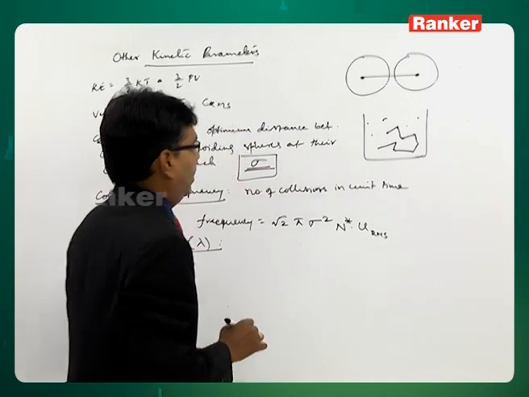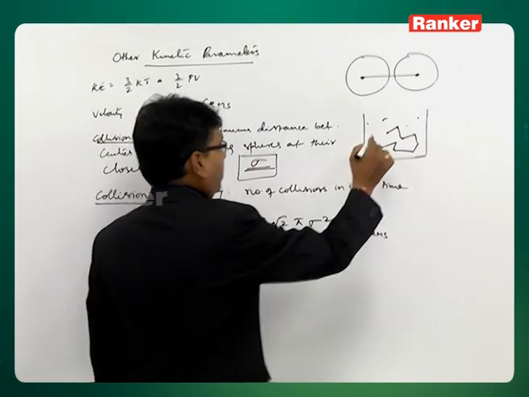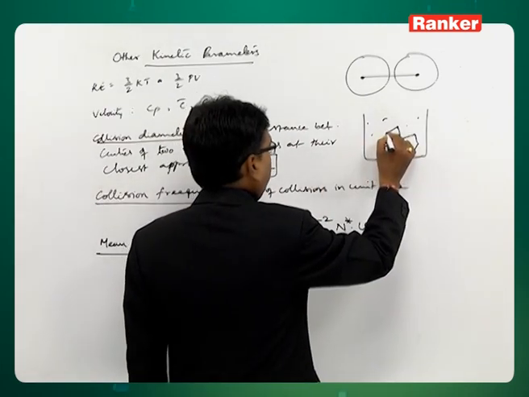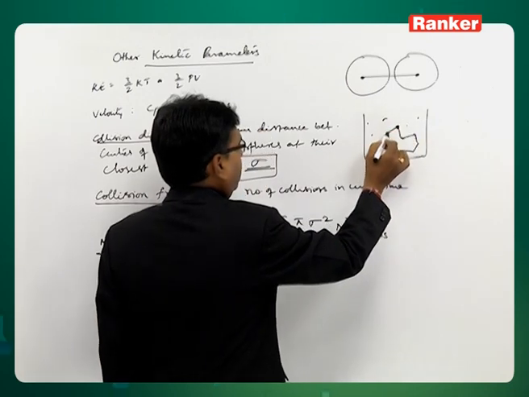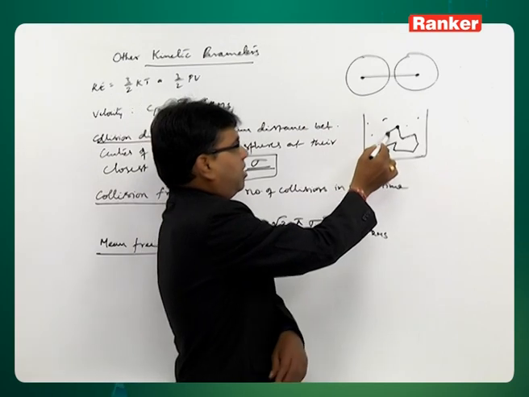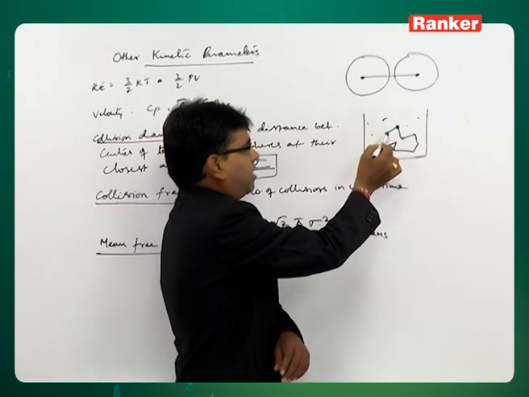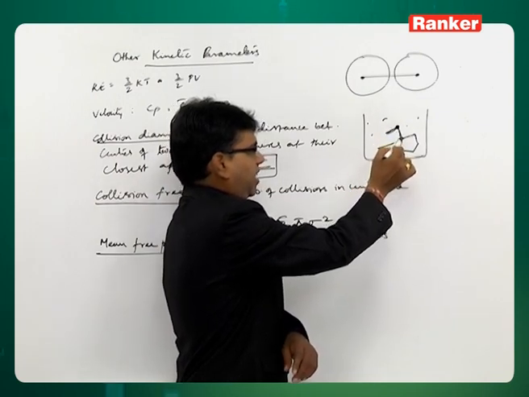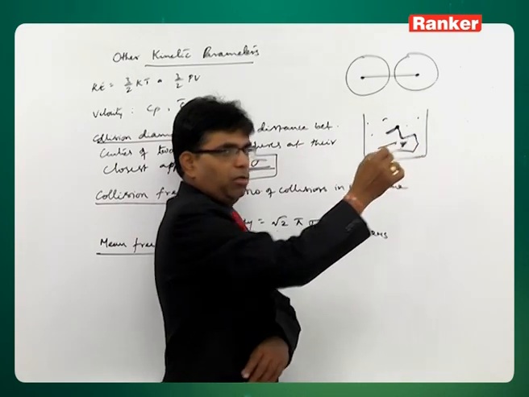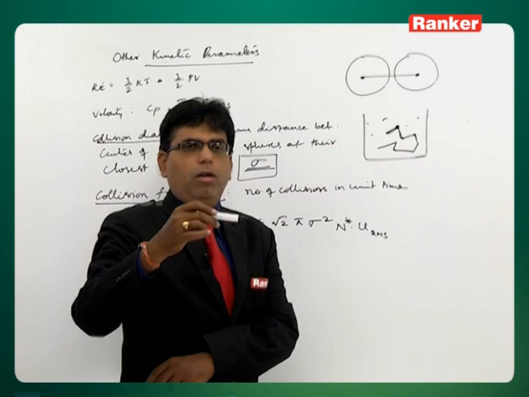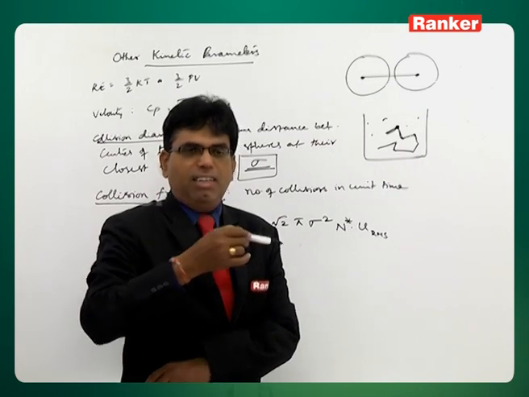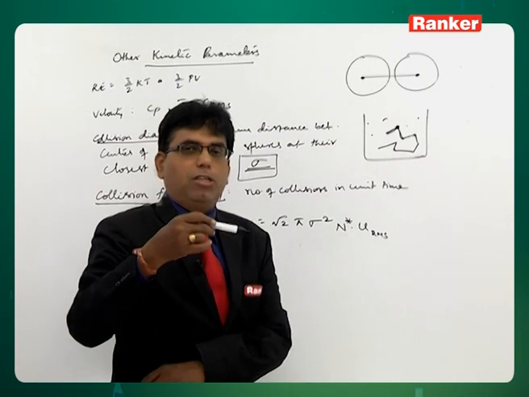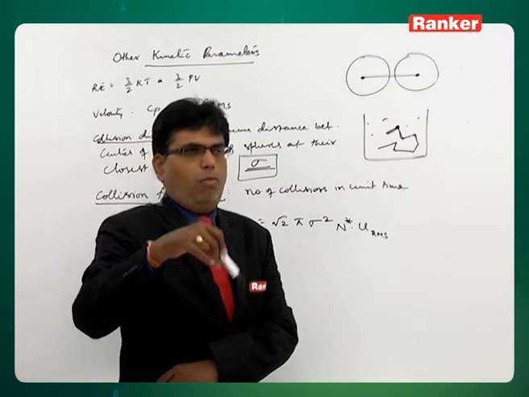If you take these two particles, the distance moved by this particle towards that particle to have a collision is this, but this distance is not necessarily the same as this distance, and this is again not necessarily the same as this one. So each molecule will move different distances in order to undergo a collision.